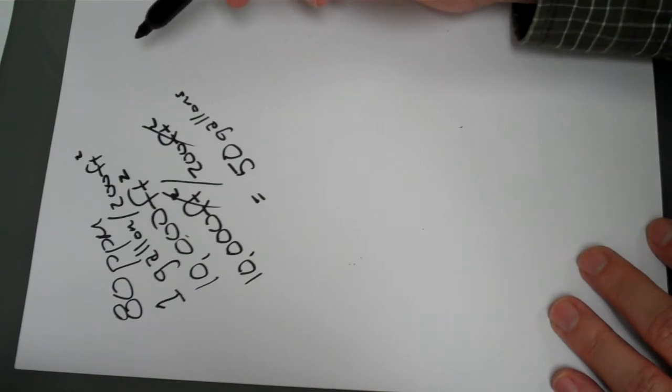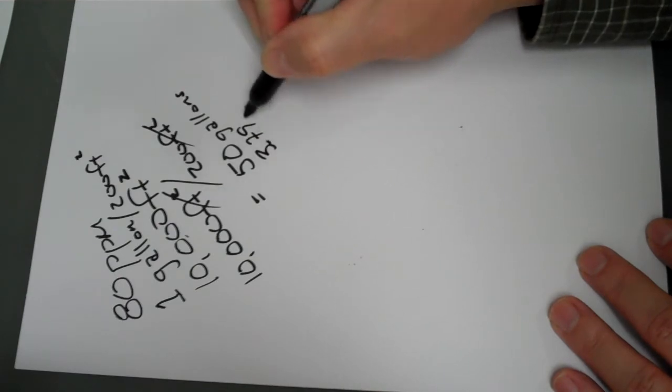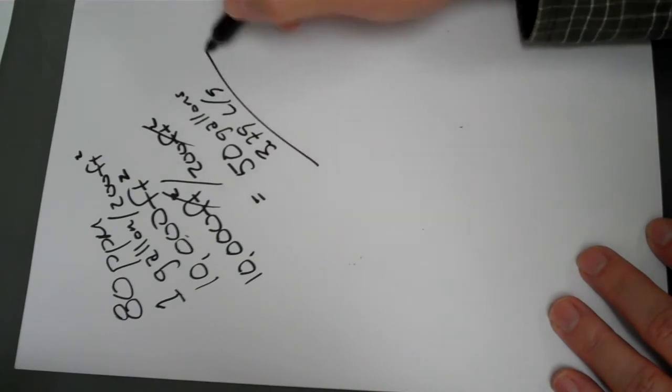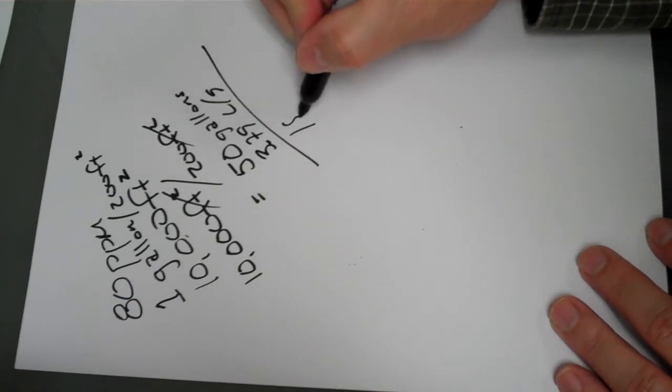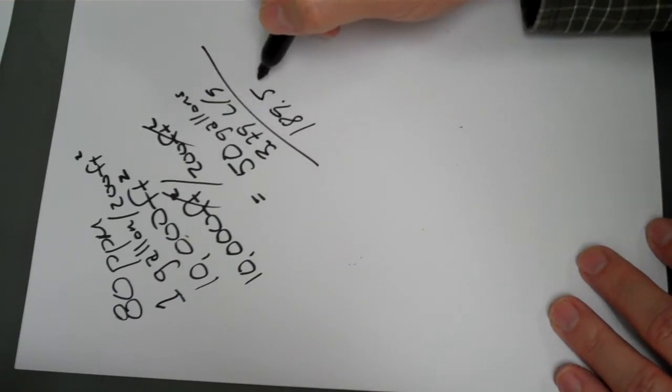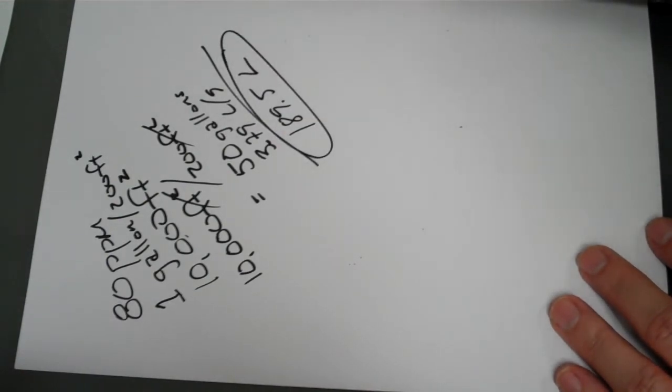Again, we're still in English, but we know there's 3.79 liters in a gallon. So if we multiply that, we come away with 189.5 liters. That's the total volume of solution we need to cover that 10,000 square feet, following that recommendation of a gallon of the solution per 200 square feet.